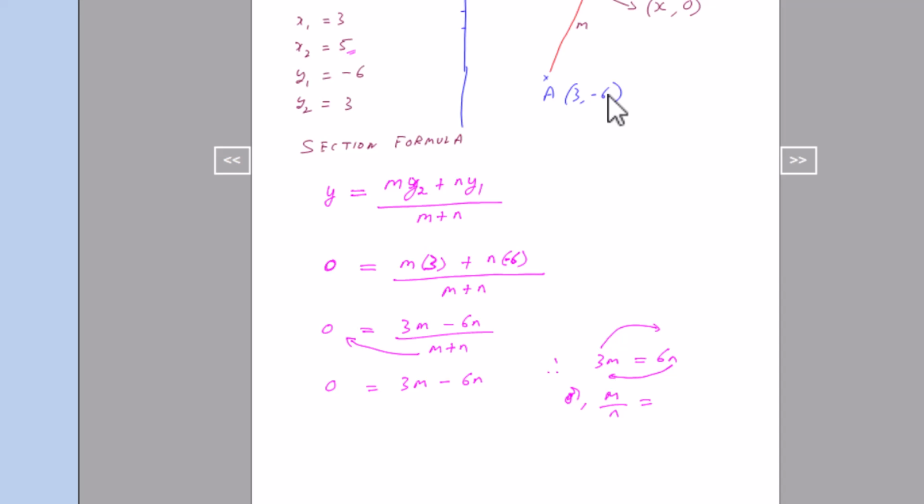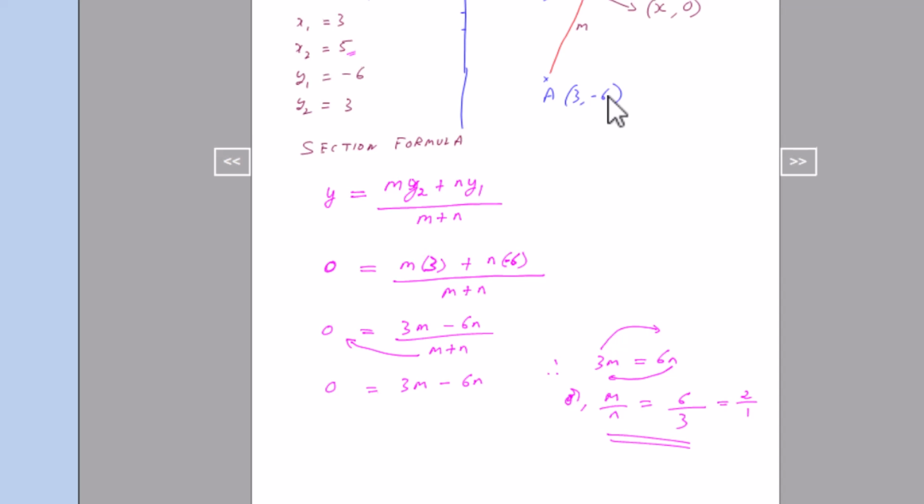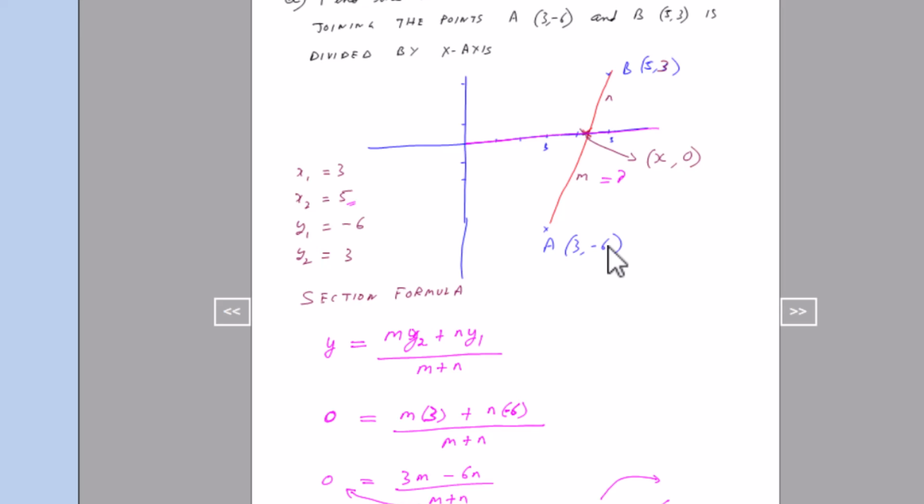So m by n will become 6 divided by 3. So the ratio is 6 is to 3, or you can say 2 is to 1. So m is equal to 2 and n equal to 1. So this particular point on the x-axis divides this line in the ratio 2 is to 1. So this is the answer for this particular question.